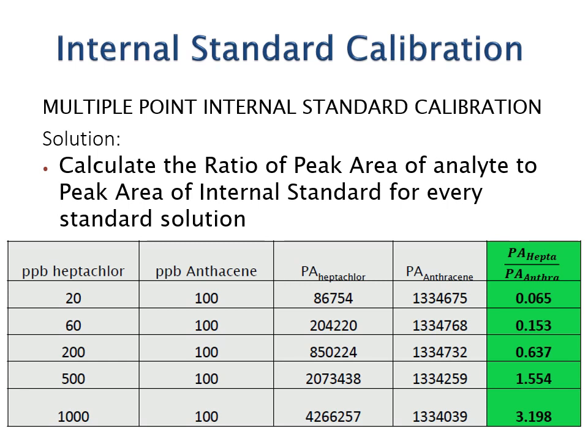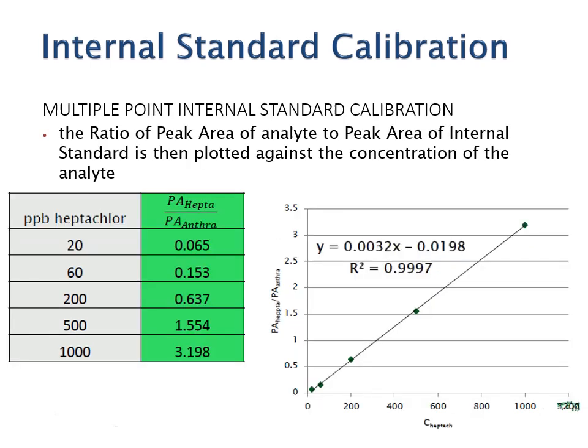So, to answer the sample problem, you have first to calculate the ratio of peak area of analyte to peak area of internal standard for every standard solution. So, here. And then, after nyo ma-compute, you have to plot the peak area of internal standard against the concentration of the analyte katulad nito.